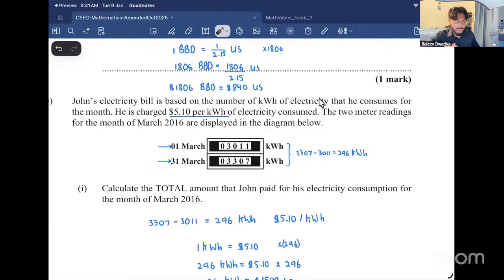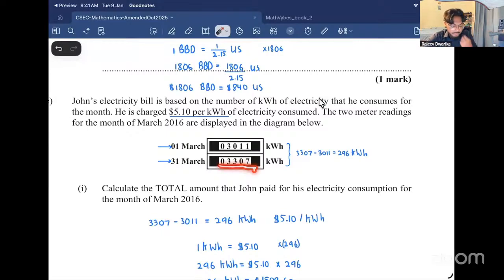So that kind of cumulative reading means it's just stacking up. The amount of energy you use is just stacking up. So this 3,011 is not for the 1st of March; that's from whenever it starts up to the 1st of March. And this 3,307 is up to the 31st of March.